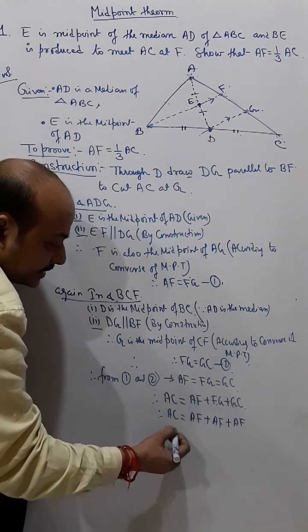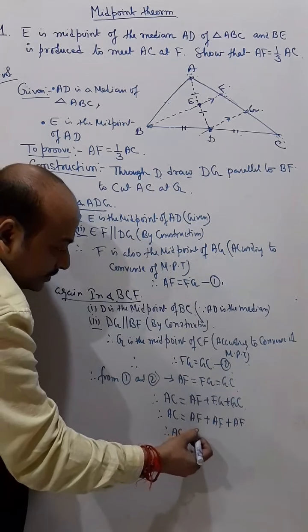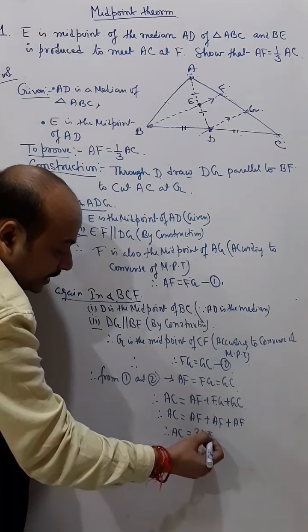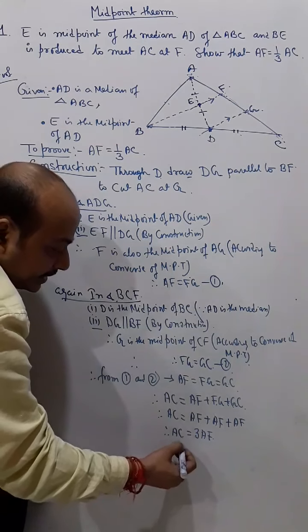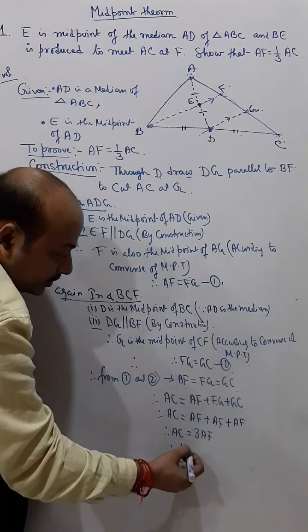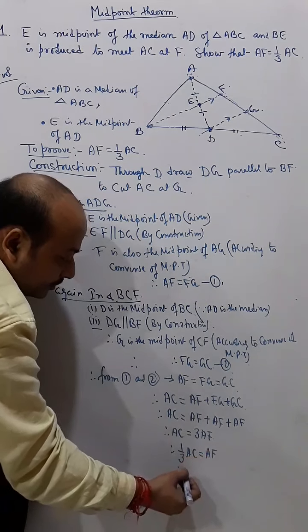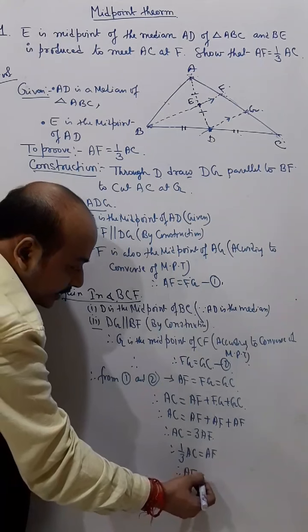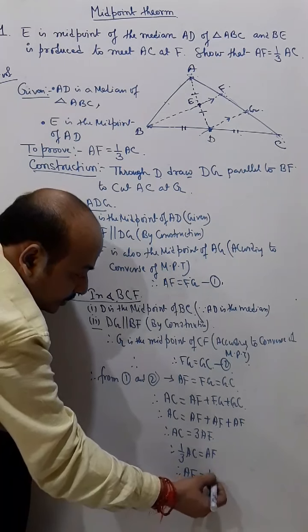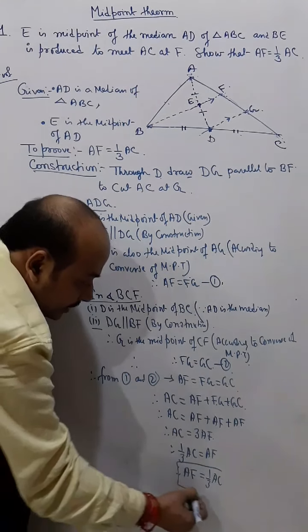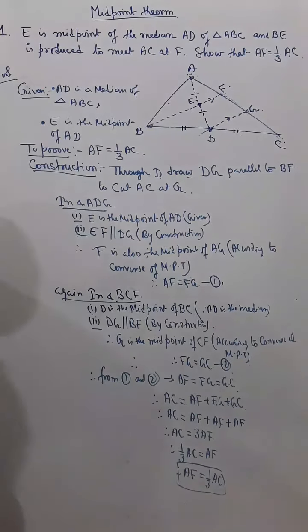So finally AC is equal to 3AF, and 1/3 of AC is equal to AF, and therefore AF is equal to 1/3 of AC. Okay, understand?